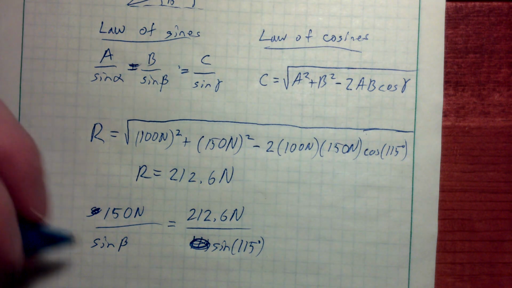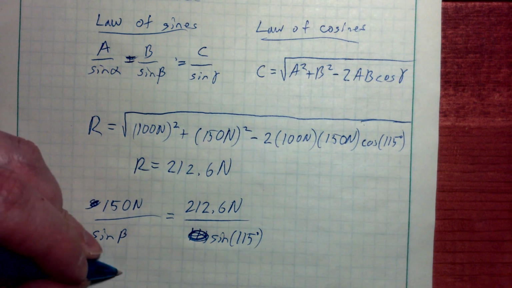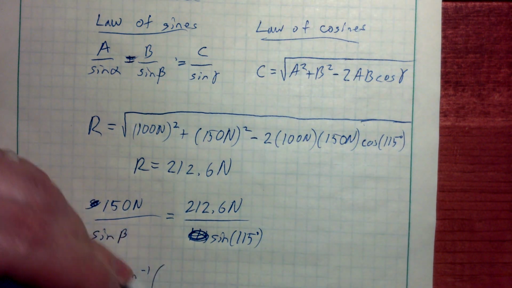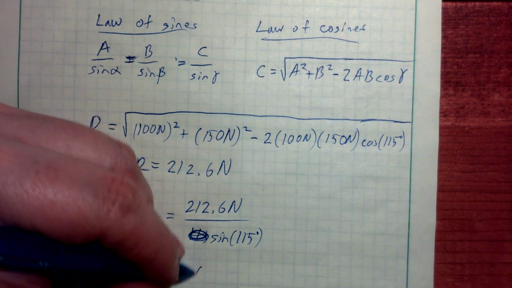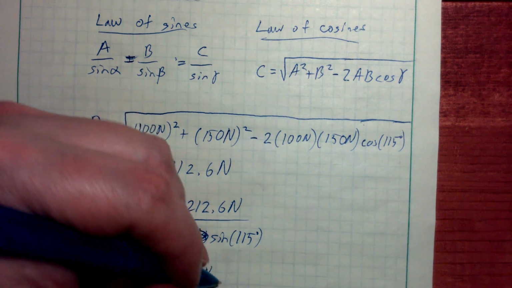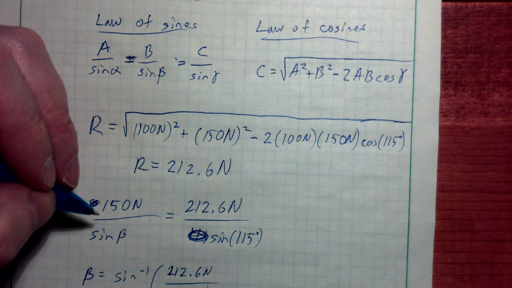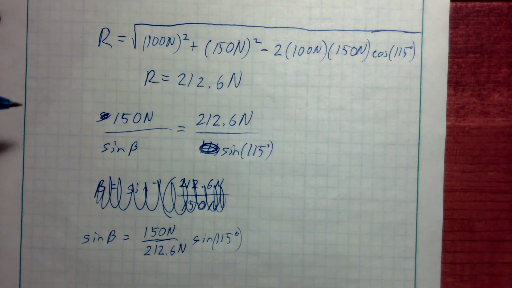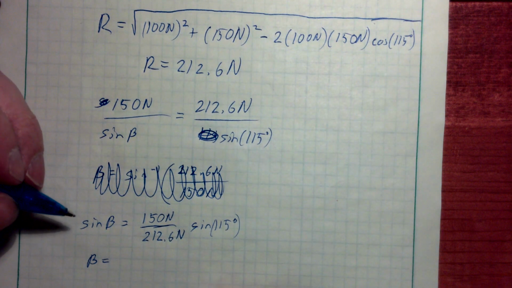We need to find beta. So beta is, you're going to take the inverse sine of this 212.6 newtons divided by 150 newtons times, let's see, did I do that right? Pausing. Okay. Only skip as many steps as you're comfortable skipping. And feel free to always write out algebra.